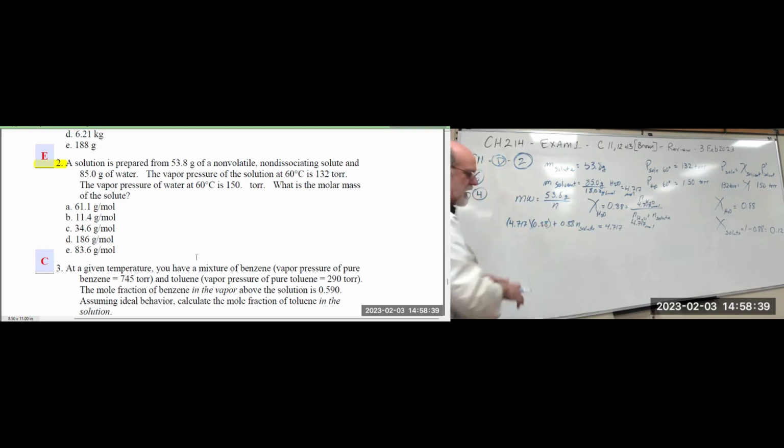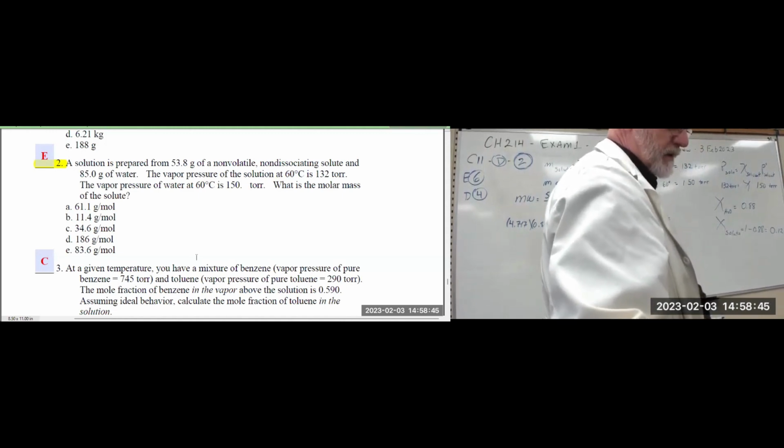So here's our unknown. If we multiply these two together, 4.717 times 0.88 is 4.151.